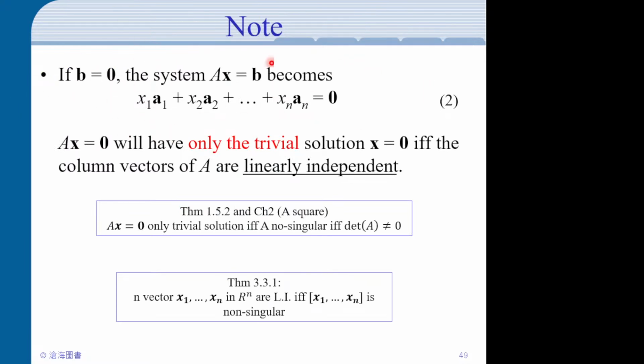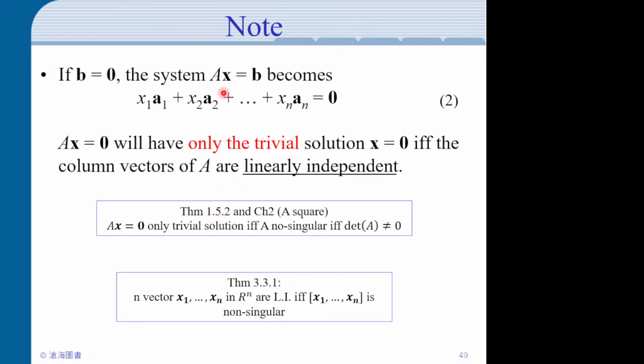We have seen that this AX equal to 0 equation tells us quite a bit about our matrix A. Remember, from chapter 1, we had this theorem 1.5.2.